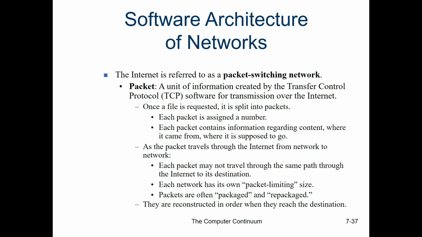So how would the computer understand whether to send it this way or that way? That's where packet switching comes in. It switches the packet, it routes the packet along different routes so that the packet can reach the destination in minimum time. So what is a packet actually? It is a unit of information created by the TCP protocol software for transmission over the internet.